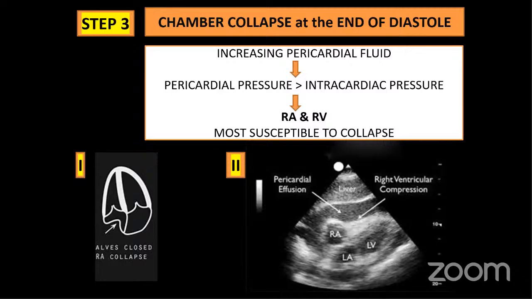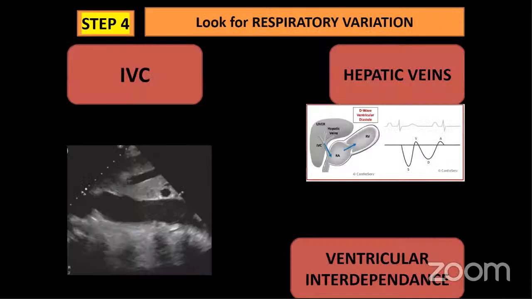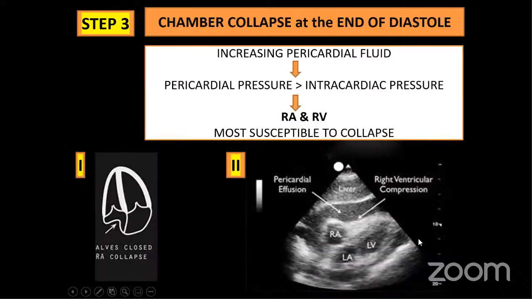So what happens when fluid increases in the pericardial space? Like Edwin said, once the pressure in the pericardial sac is more than the intracardiac pressure, your RA and RV free wall is going to collapse, because now there is more pressure in the pericardial cavity. So when you have that collapse, you're going to see something like this.